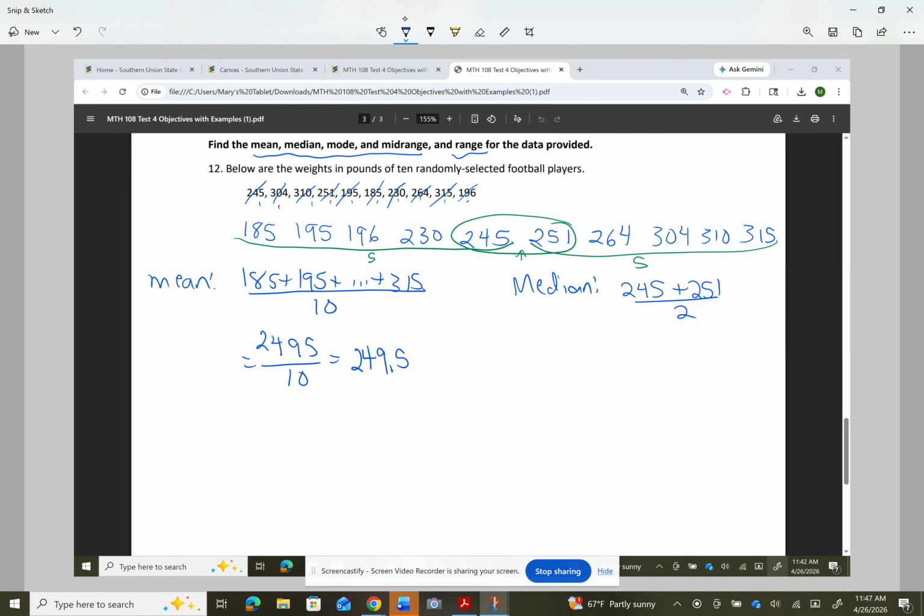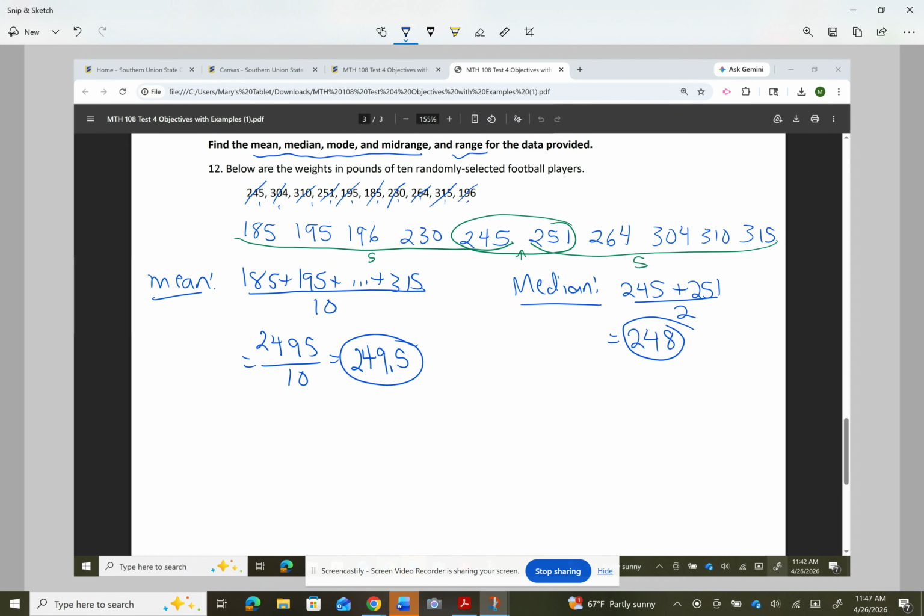Then you get the number that's halfway in between 245 and 251, which is 248. So the mean was 249.5, and the median, let me rewrite that, was 248.